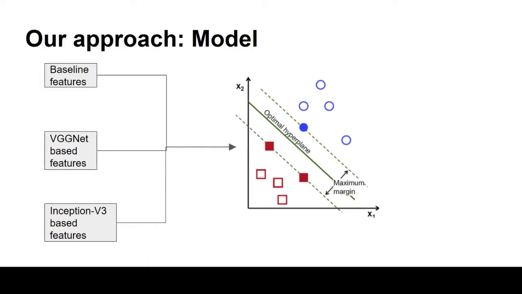The hyperparameters for this SVM classifier are tuned using cross-validation on the training set. So we did a tenfold cross-validation to choose the kernel and the box constraint value for the SVM classifier.